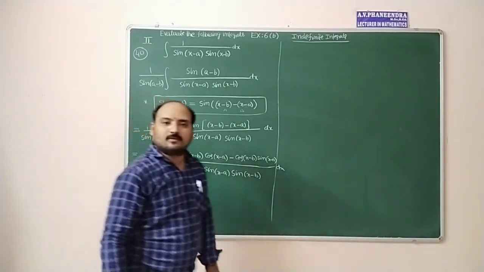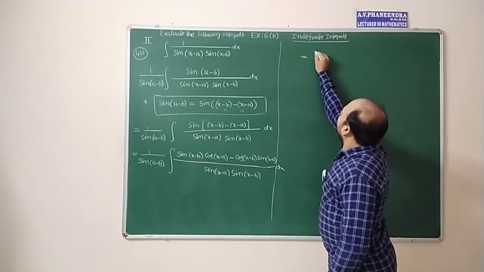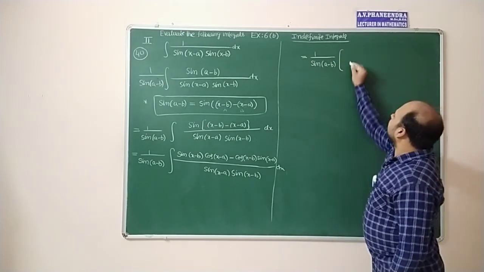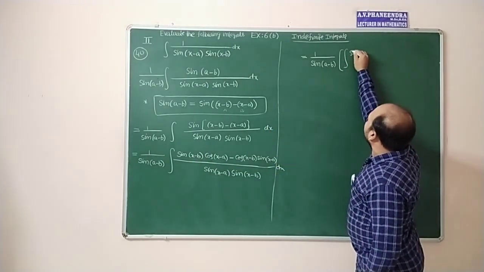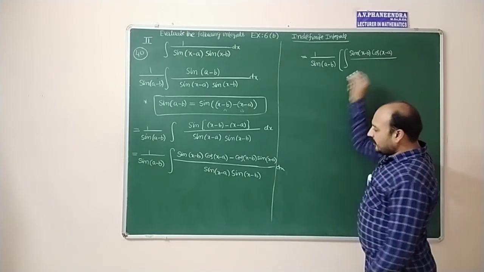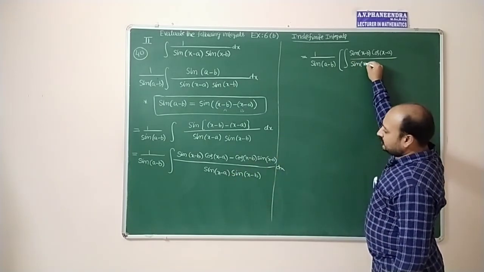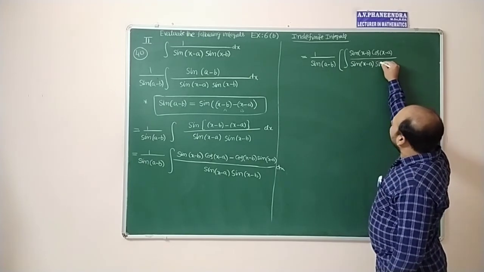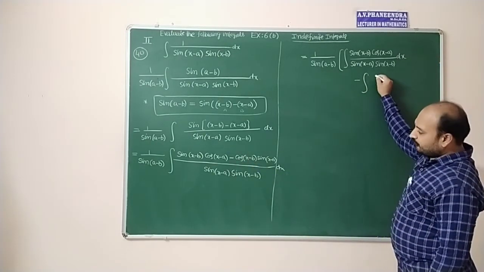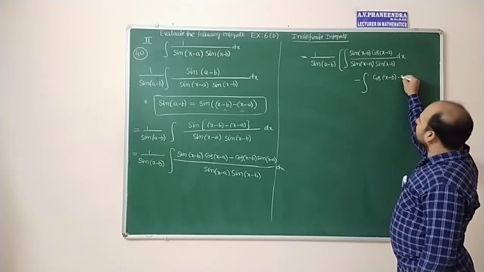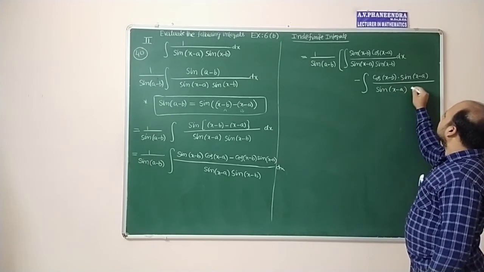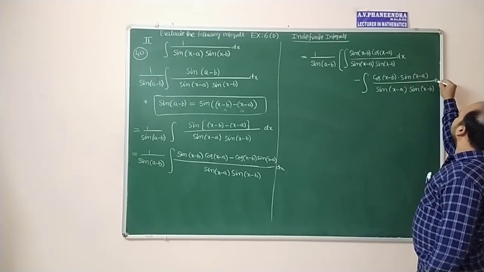Now splitting into two terms, which is equal to 1 by sin of a minus b integral, sin of x minus b into cos of x minus a whole divided by sin of x minus a into sin of x minus b into dx, minus integral cos of x minus b into sin of x minus a whole divided by sin of x minus a into sin of x minus b into dx.